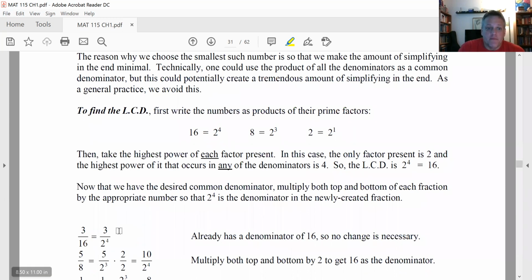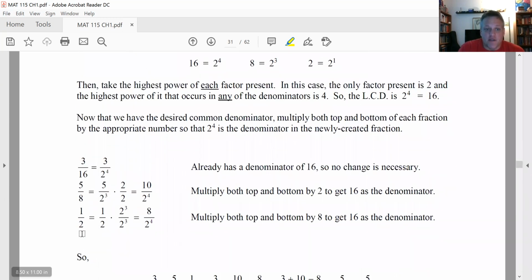And so what you do is you rewrite each of the fractions as a new, equivalent fraction with that same denominator. Notice here, 5/8 is really 5 over 2 cubed. What would I have to multiply top and bottom by to get that denominator 16? I'd have to multiply by 2 in top and bottom. And so I'll do that.